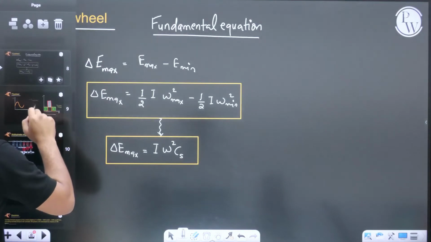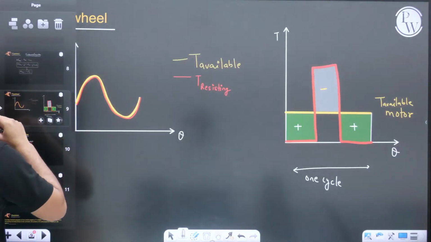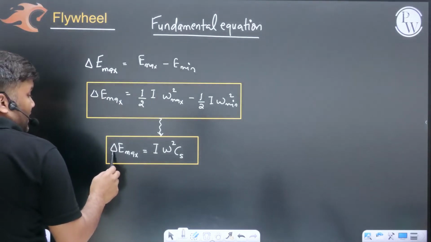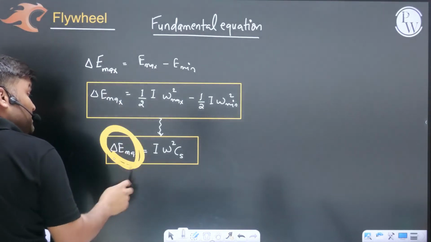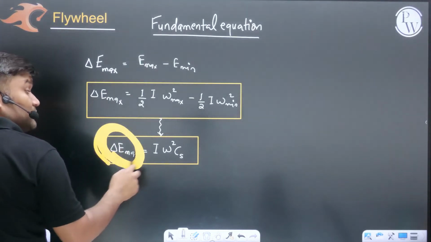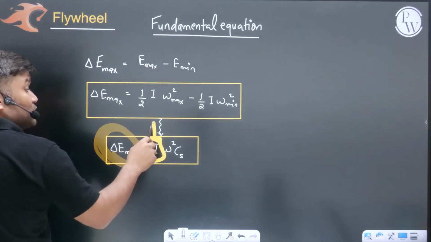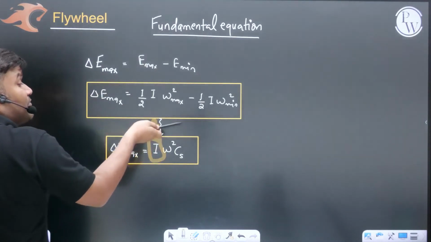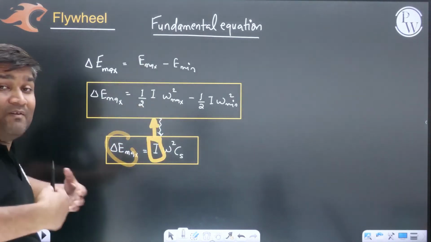One thing students can very easily feel: sir, if this fluctuation of energy delta E max is larger, then we are going to use a heavy flywheel. If delta E max is higher, we need a higher value of I, meaning a heavy flywheel is going to be needed.